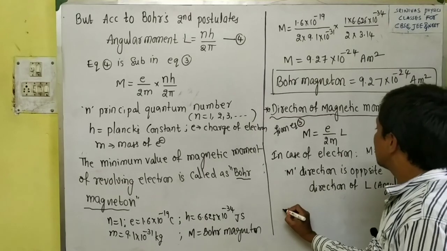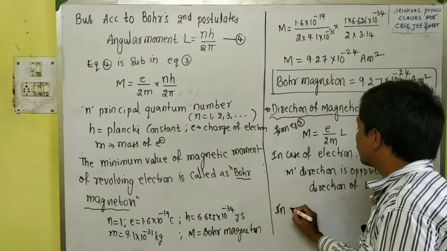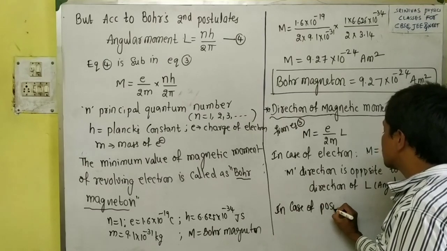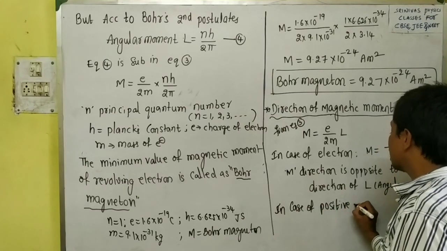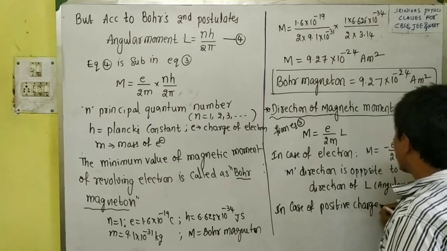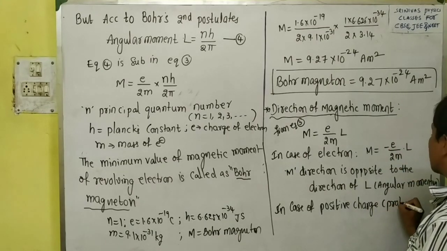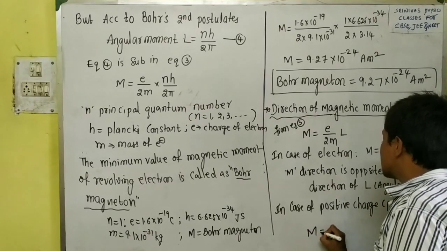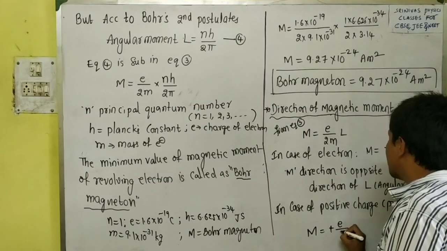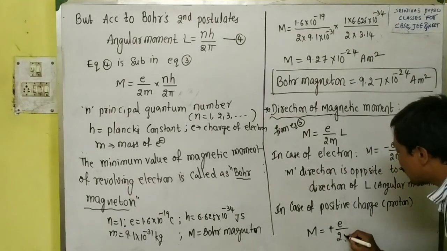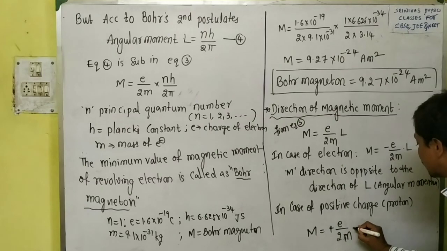Next, in case of positive charge, means you take a proton. In case of positive charge, if you take the proton or anything, then we will get M as plus e by 2m. This small m is the mass, capital M is the magnetic moment.